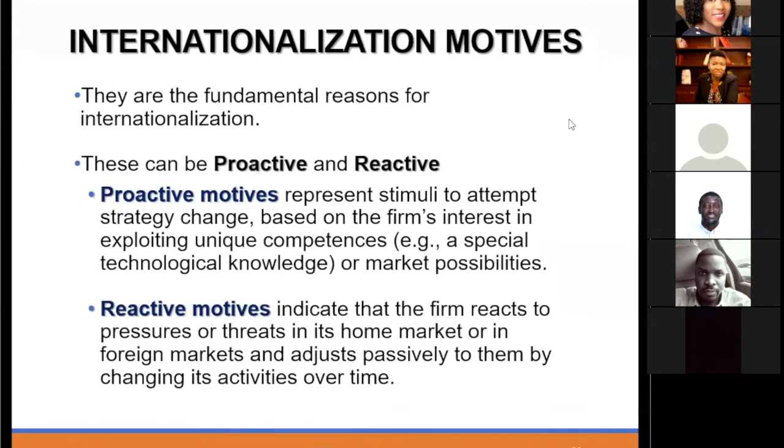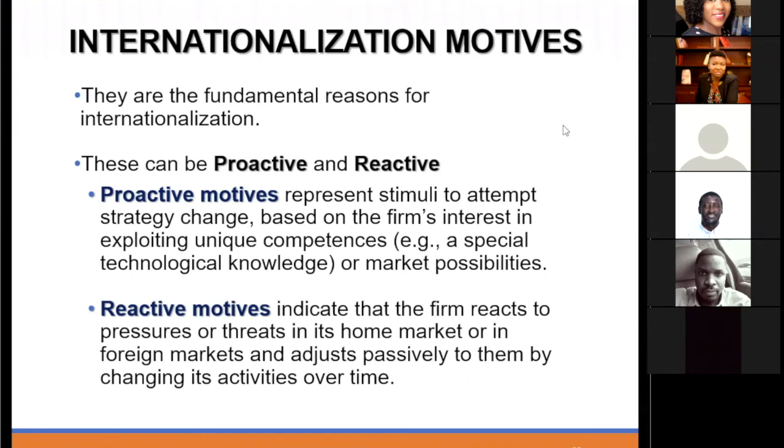Now, there are fundamental reasons why firms will internationalize, right? And these can be grouped into two, namely proactive and reactive reasons. Now, for the proactive motives, these are the stimuli that make a firm independently of their own volition try to change their strategy, right?